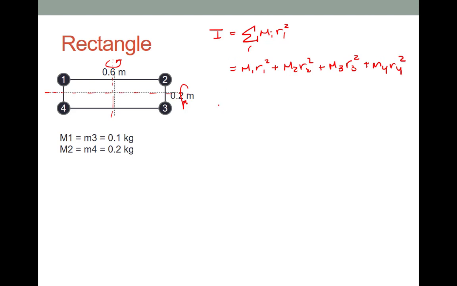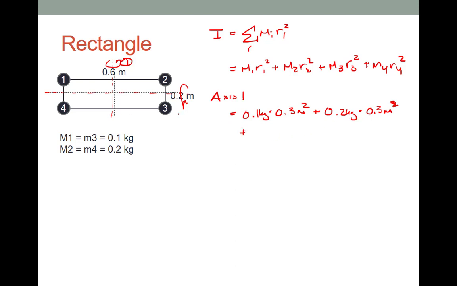Let's consider the first axis, which is going to be this one. So if we think about axis 1, then mass 1 is 0.1 kilograms. And the distance that mass 1 is from the axis is 0.3 meters. Plus mass 2, which is 0.2 kilograms, and it is also 0.3 meters away from the axis.